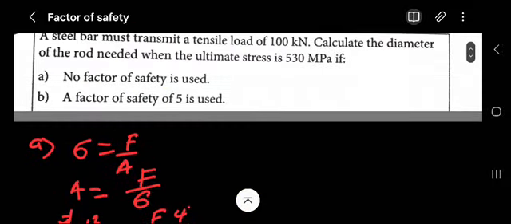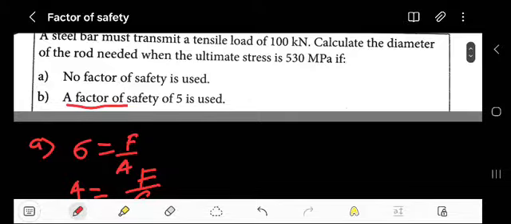So here they want the diameter when a factor of safety of 5 is used.